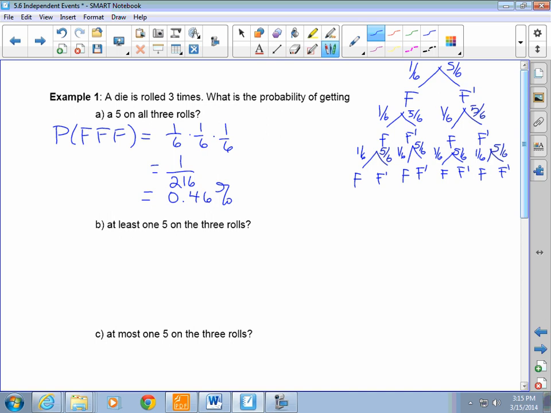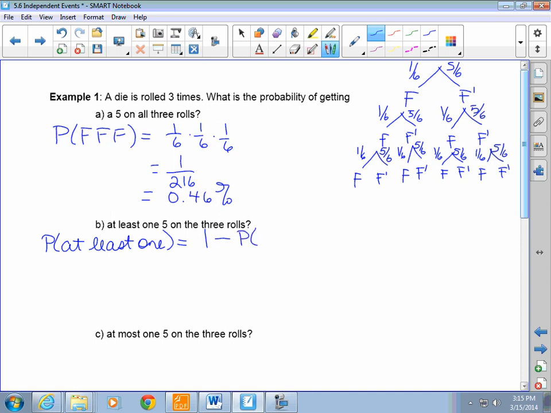So what is the probability of getting at least one 5 on the 3 rolls? So what you're looking at is at least 1. Well, the probability of anything happening is always between 0 and 1, so we have 1 minus something. At least one means that the opposite is you would get none, right? The opposite of getting one 5 is getting no 5s.